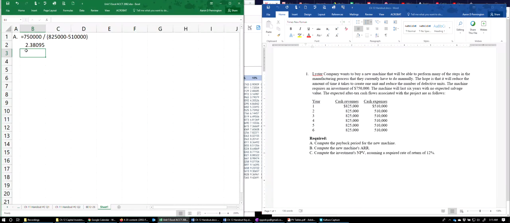We get 2.38. So the payback period is 2.38 years. That's all we have there. That is part A.